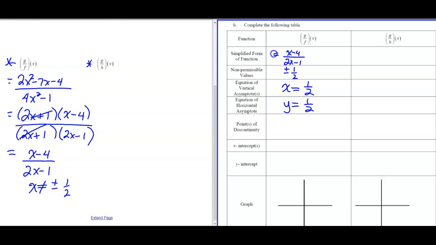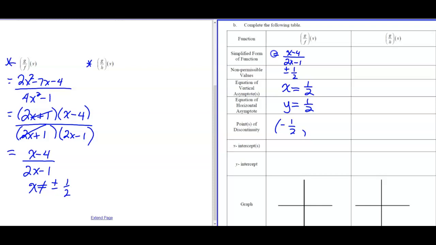Points of discontinuity. So there's only one point. It's when x is negative 1/2. It says points. So it doesn't say the x value at the point of discontinuity. It says what is the point. So we need the y coordinate. So if x is -1/2, put it into your simplified form. If you put it in back up here, you'll get 0/0.